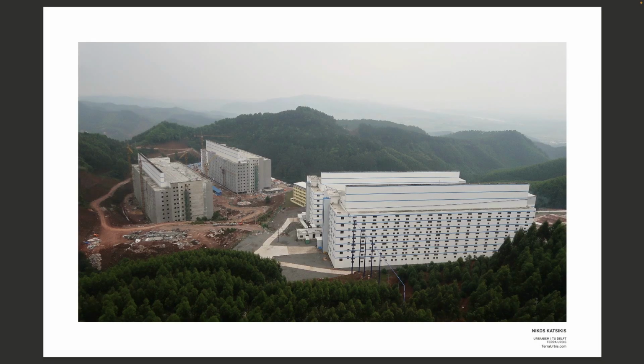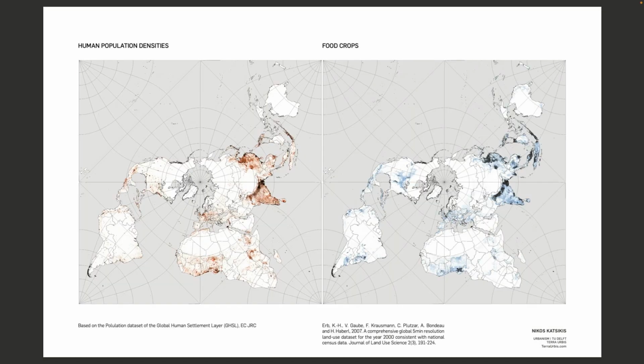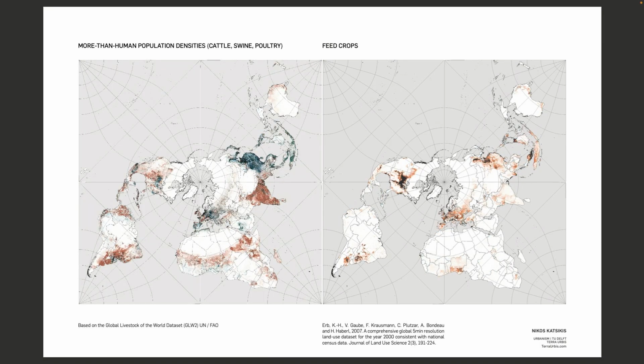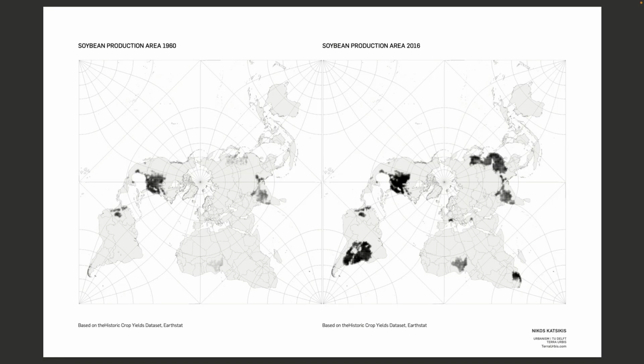So this is a big skyscraper, right, in China, right? Now we're starting to urbanize also pigs after poultry, and also together with cows, right? And this is the food landscape that supports humans. This is somehow the feed landscape that supports these animals.